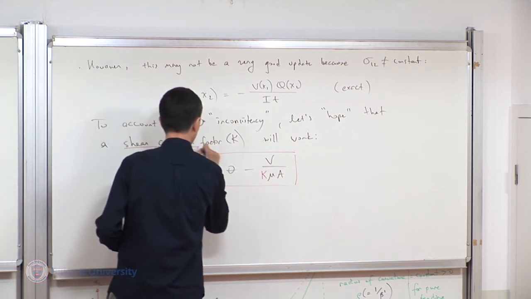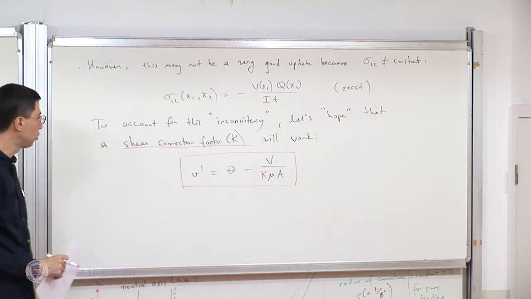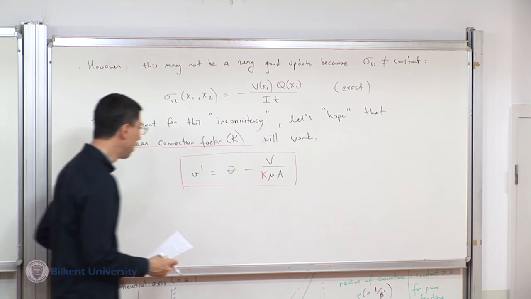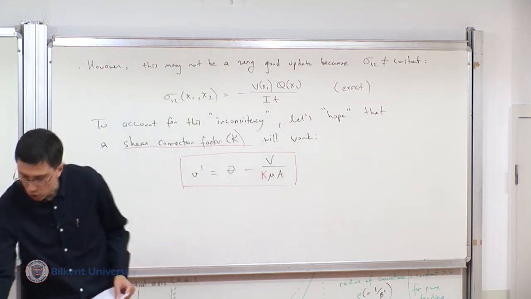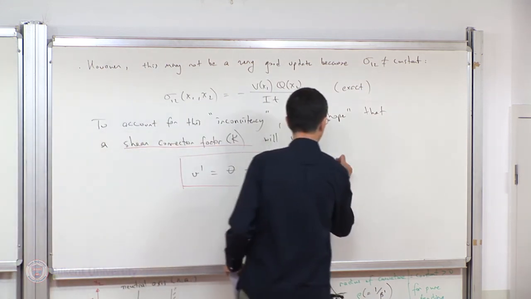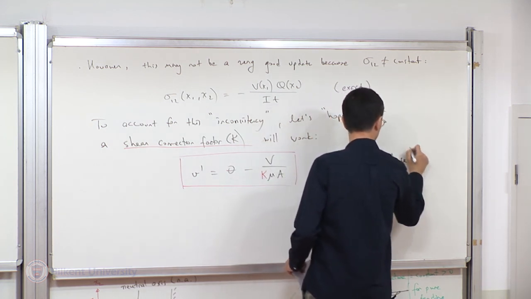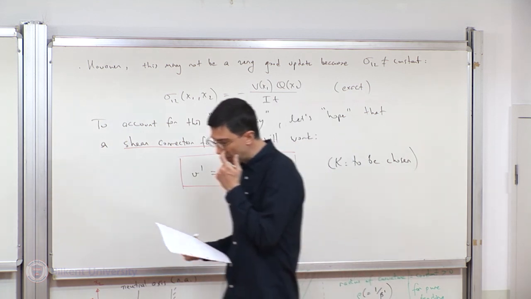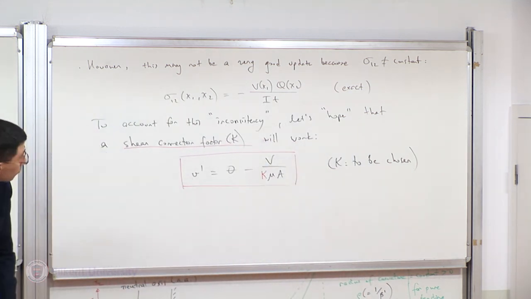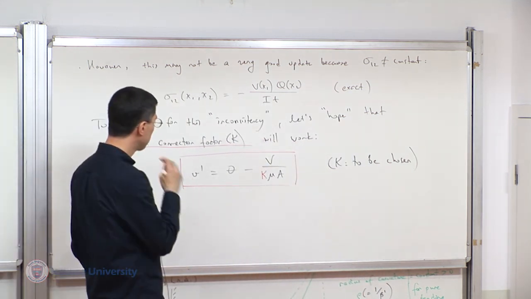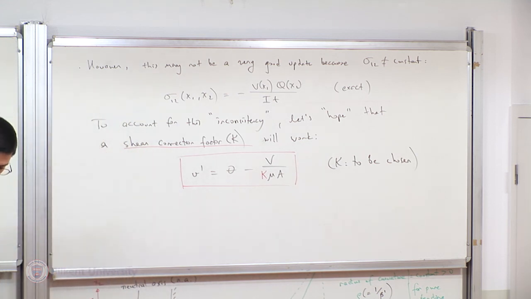And the final step we took is the shear correction factor K. Now, what is K? We have to choose K. I don't know what K is yet. Okay? So it is to be chosen. But apart from that, everything is settled. Right?